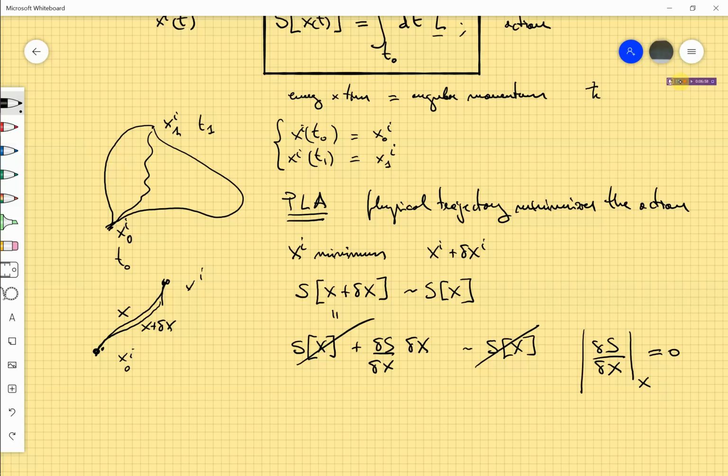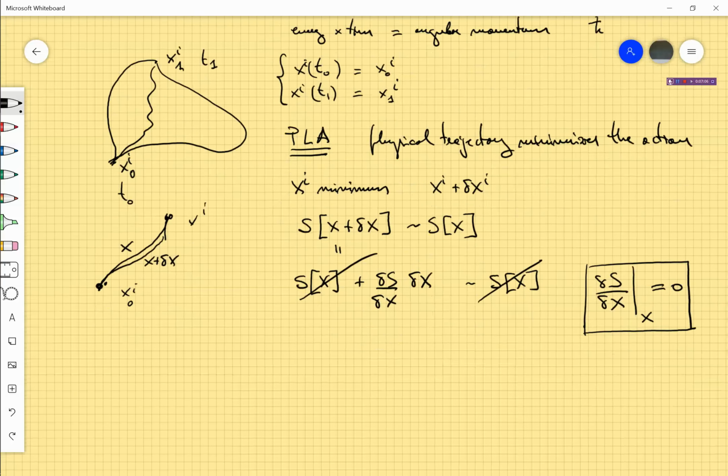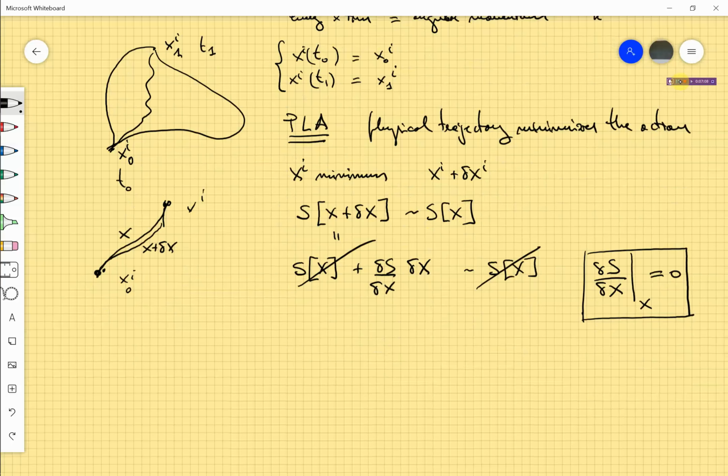This gives me a set of equations which should coincide with the Euler-Lagrange equations, and this is what I have to find. So how do I compute this delta S over delta x?